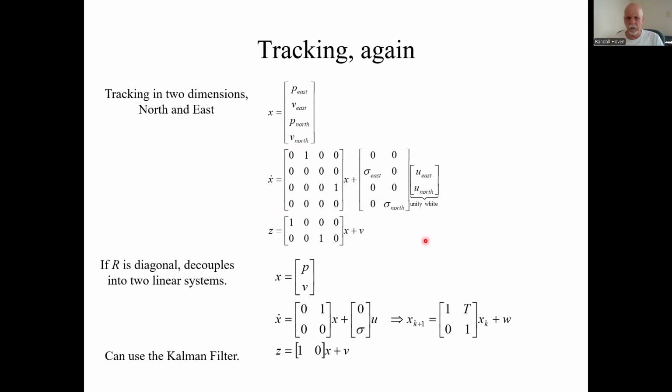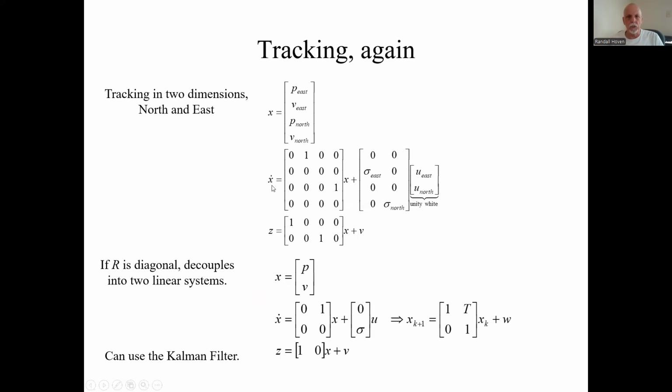Everything here is linear. And even better, if your measurement errors were decoupled, meaning your measurement error in position east is independent of your measurement error in position north, the R matrix would be diagonal.